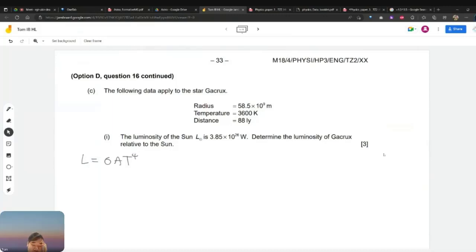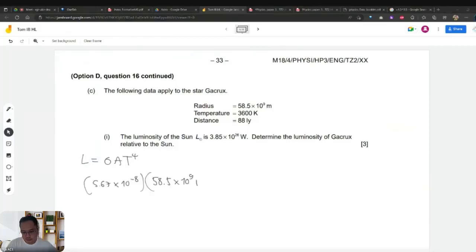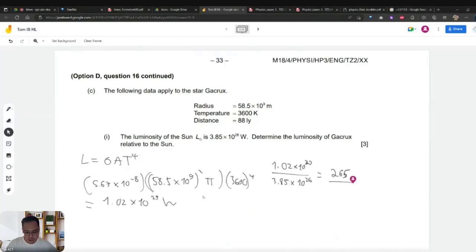Do you need to find a ratio here because it is asking relative to the sun? Yeah, do the ratio. Calculate the luminosity of Gacrux and then divide by the luminosity of the sun, given as 3.85. I think I got the ratio, 265.